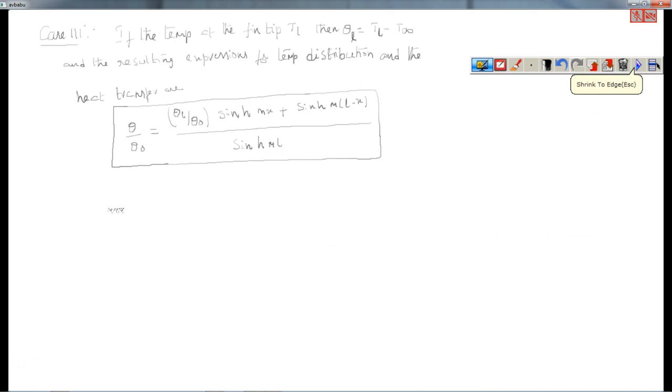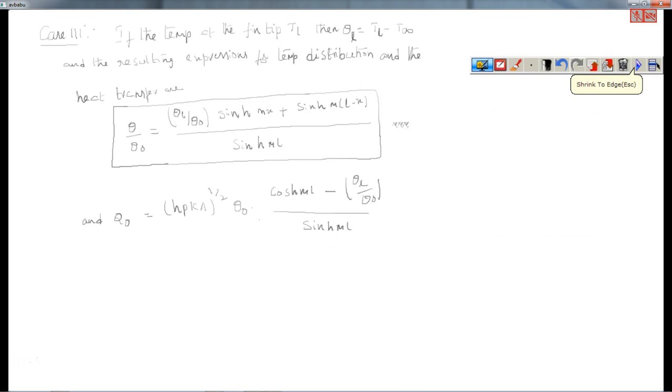The heat transfer rate at the base, q0, is defined as square root of hPkA theta 0 into cosh mL minus theta L by theta 0, divided by sinh mL. We will try to derive these equations as time permits.